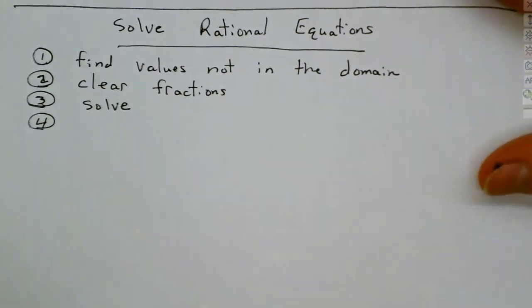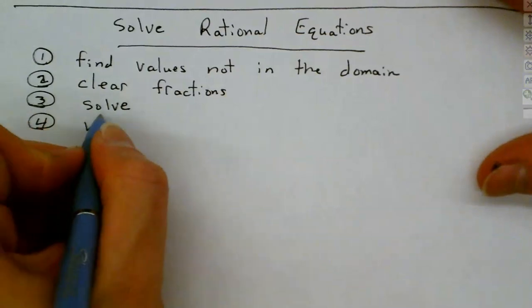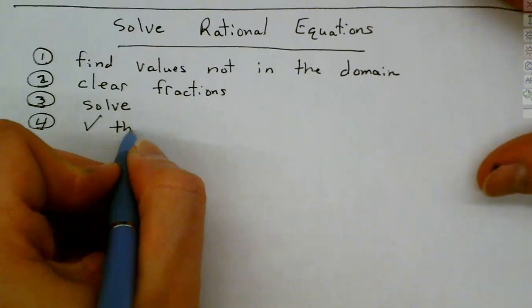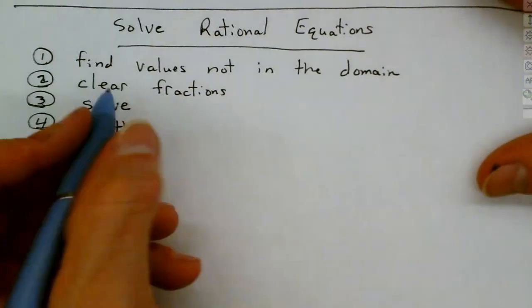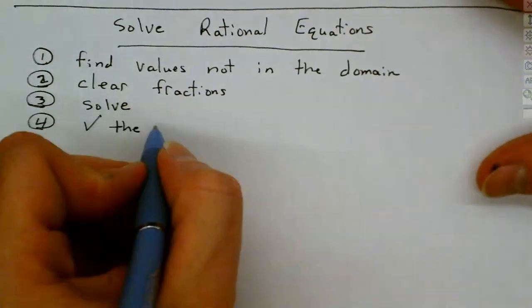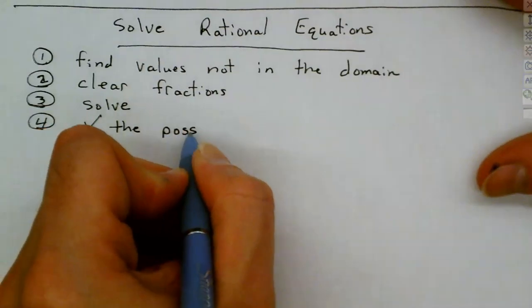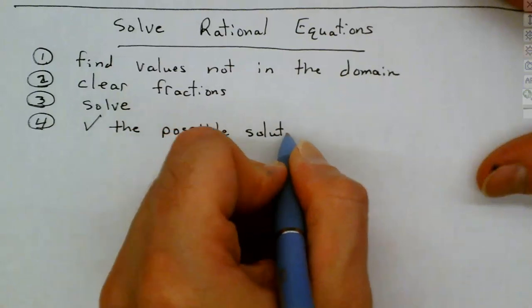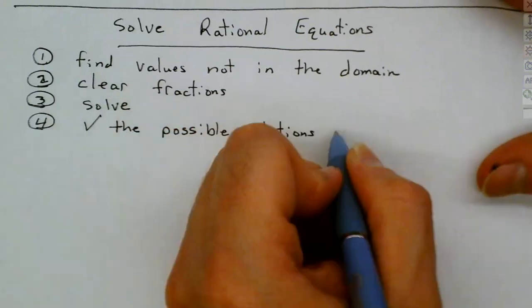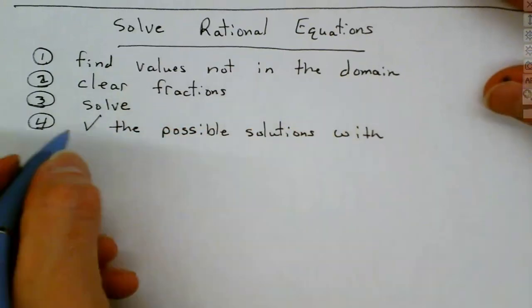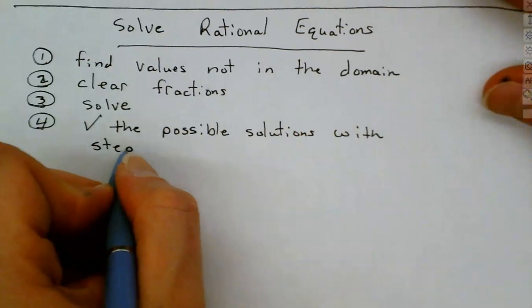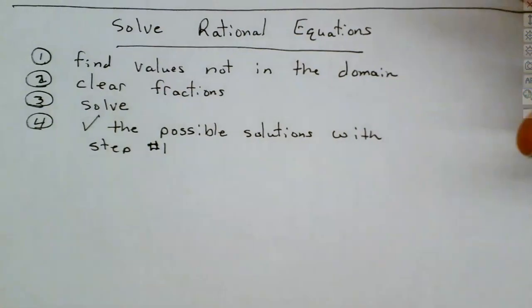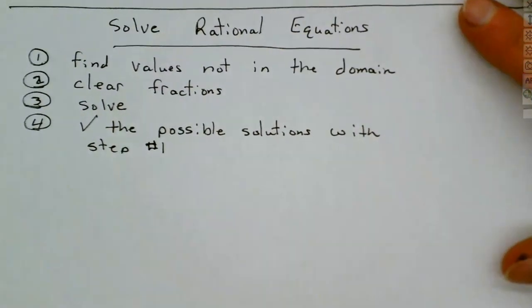And step number 4 is you check the possible solutions with step 1. Okay, so it's a step-by-step procedure.